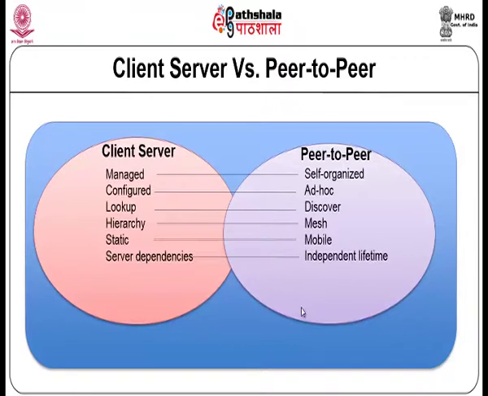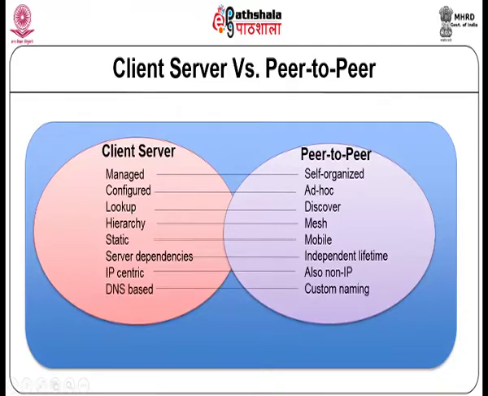As for dependency on the server, here it is independent. Each peer has its own lifetime, and the total network will not depend on any specific node. Therefore, in client server, the IP address of the server is of prime importance, but in peer to peer no such requirement is there for any specific node.